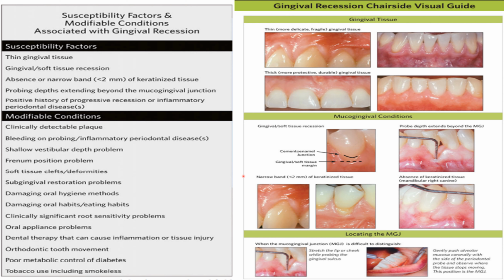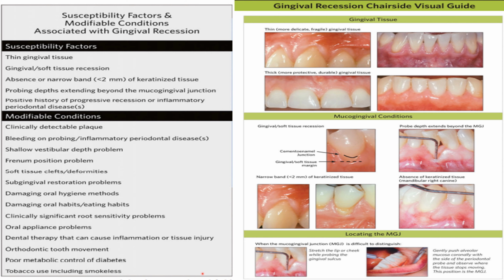The modifiable conditions associated with gingival recession are clinically detectable plaque, bleeding on probing or inflammatory periodontal disease, shallow vestibular depth problem, frenum position problem, soft tissue clefts and deformities, subgingival restoration problems, damaging oral hygiene habits, damaging oral habits or eating habits, clinically significant root sensitivity problems, oral appliance problems, dental therapy that can cause inflammation or tissue injury, orthodontic tooth movement, poor metabolic control of diabetes, and tobacco use, including smokeless.